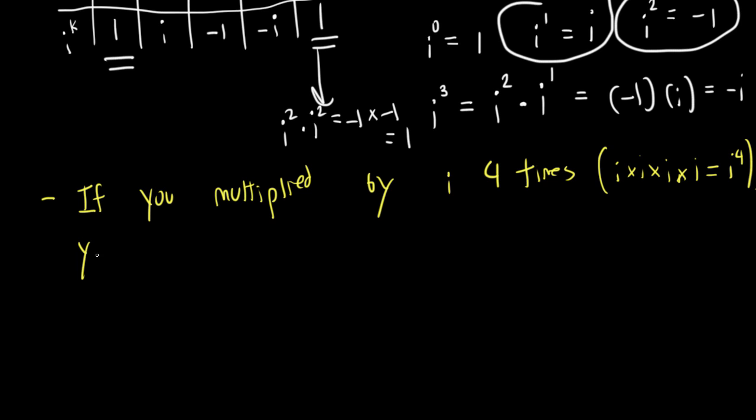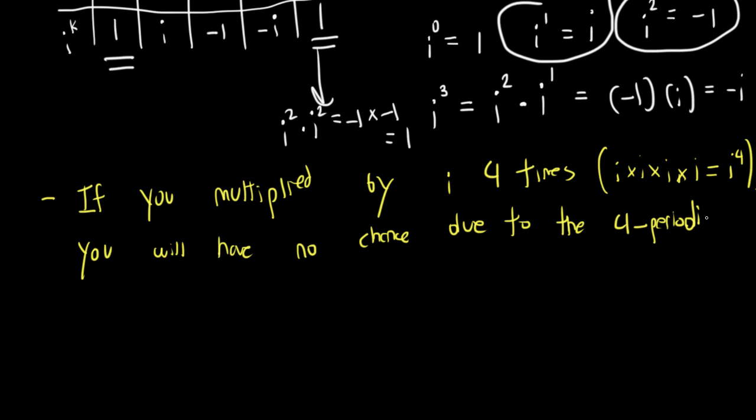You will have no change, due to the 4-periodicity. Every time you do 4 rotations, it repeats itself. So you can multiply by i 4 times without having any consequences. You're going to wind up in the exact same spot that you started off.